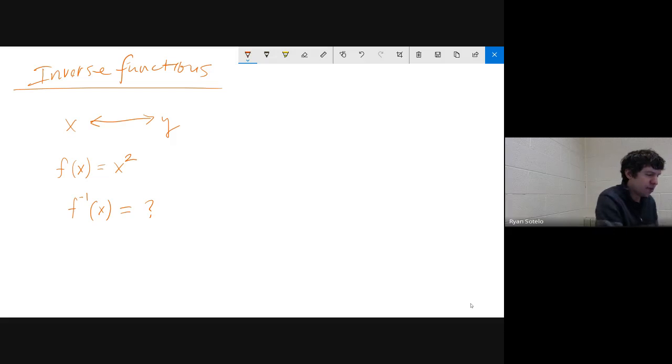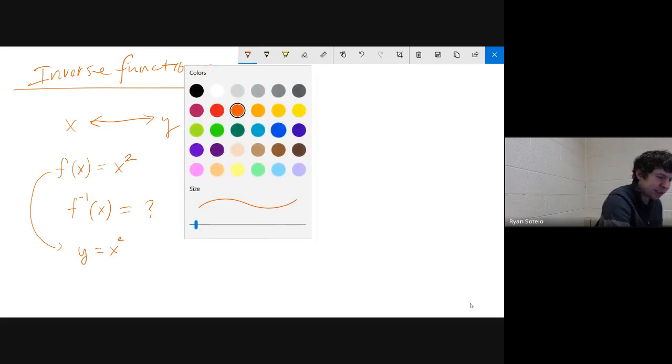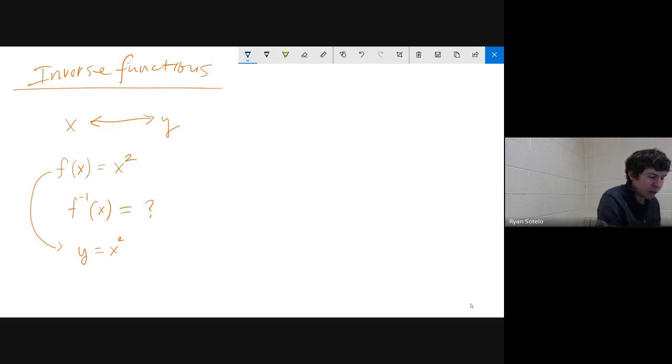Well, you can think of the function, f of x, as y. So that's my main function. If I want to find the inverse function of this function, one typical way of finding it is to rewrite the expression. I'm going to write x where the y is, and where the x is, I'm going to write y. So I've just swapped the inputs and outputs.